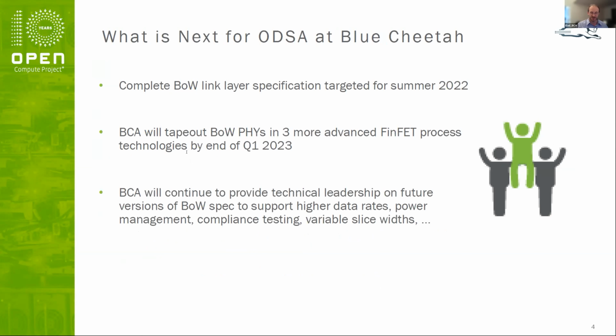And I personally, as well as members of my team, are planning to continue to provide technical leadership on future versions of the BOW specification, particularly to support higher data rates, to support some of the power management features, to ensure we can do proper compliance testing, to do other additional features like redundancy, variable slice widths, and so on and so forth.